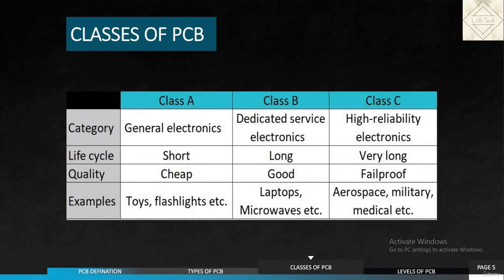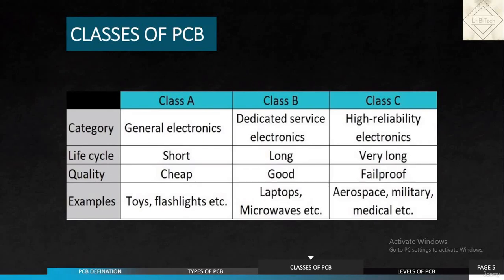The next classification is class B, which is dedicated to dedicated services in electronics. For example, laptops, PCs, microwaves, and mobiles. Many consumer electronic products come under class B. That gives you a long life cycle.